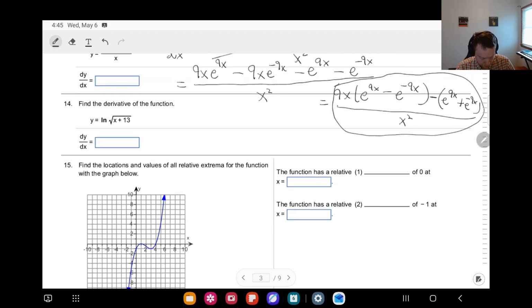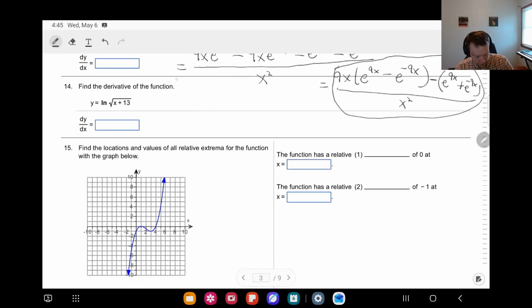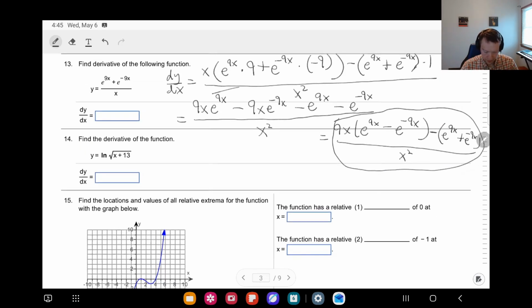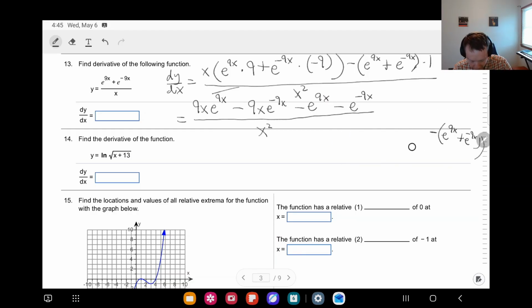Okay, next. Find the derivative of the function. Okay. So, since this is a video, I'm going to erase this stuff now. You can go back if you need to see that. But we need the space.